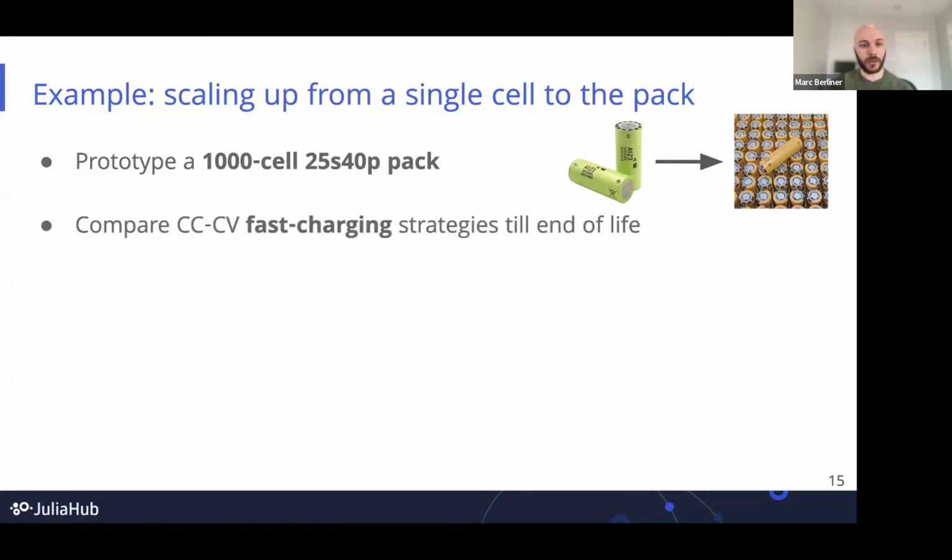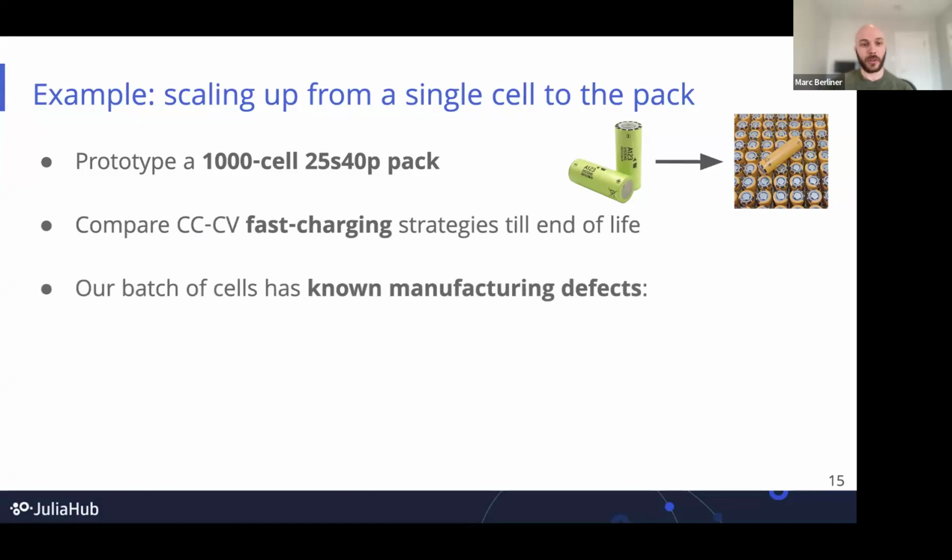And we want to look at different CCCV fast charging strategies until we reach end of life of 80%. We know from our manufacturer that we're going to receive a batch of cells which have slight variations due to manufacturing defects.